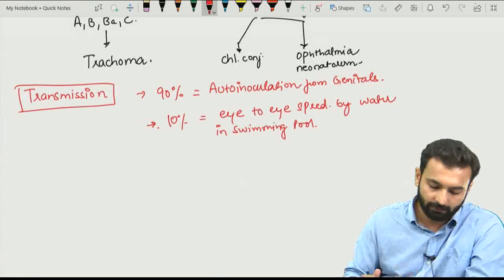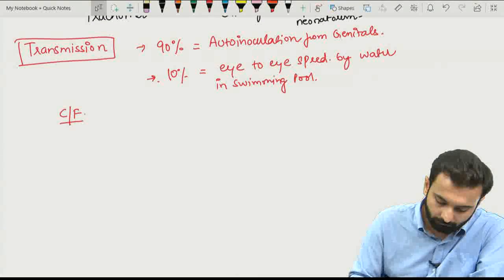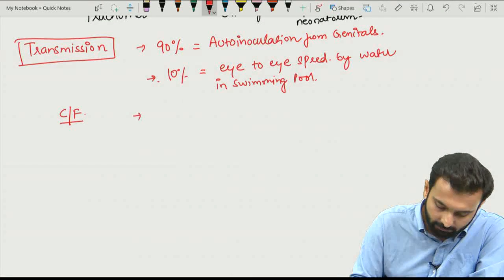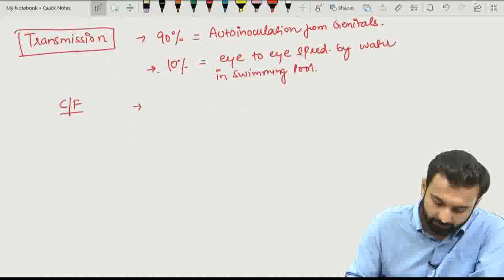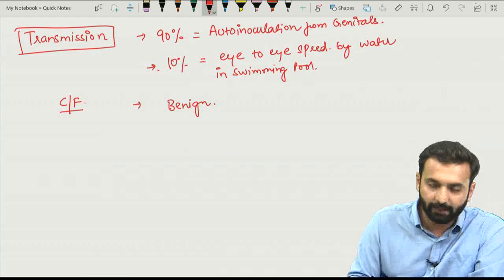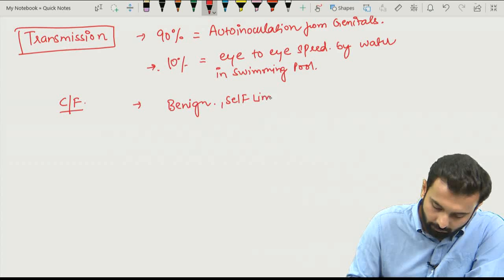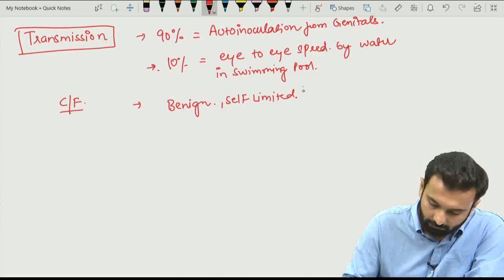Now after discussing the transmission, let's come to clinical features. The special clinical features in chlamydial conjunctivitis are that it has a benign and self-limited course, right?